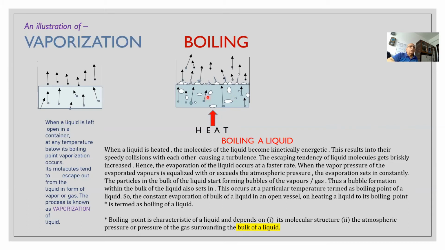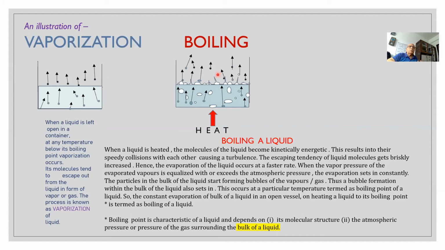So, based upon this, we now understand what boiling is and what boiling point is. All this is provided over here. The temperature at which a liquid boils is known as the boiling point. And this continues when the pressure of the evaporated liquid or gas becomes equal to the atmospheric pressure, maybe more also.